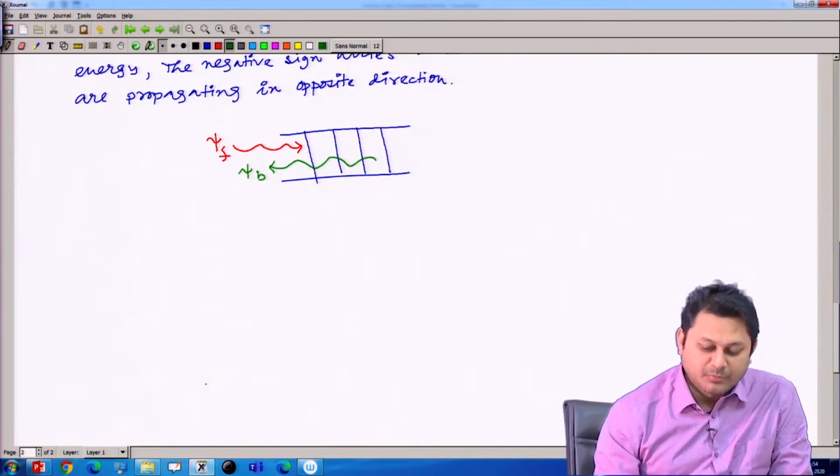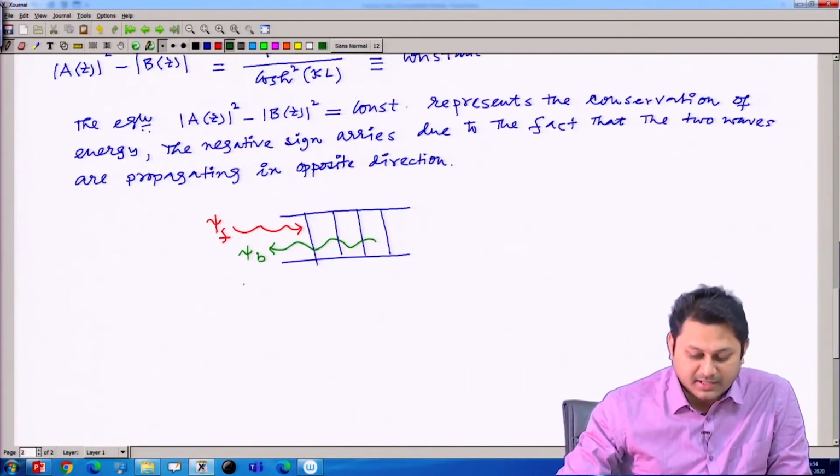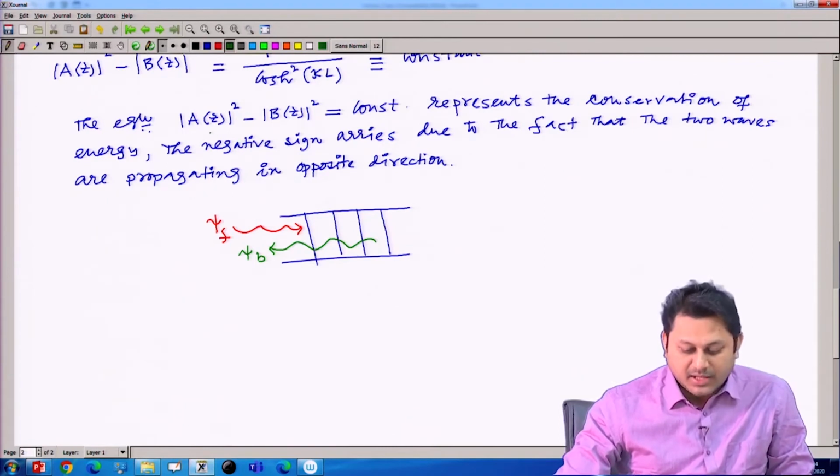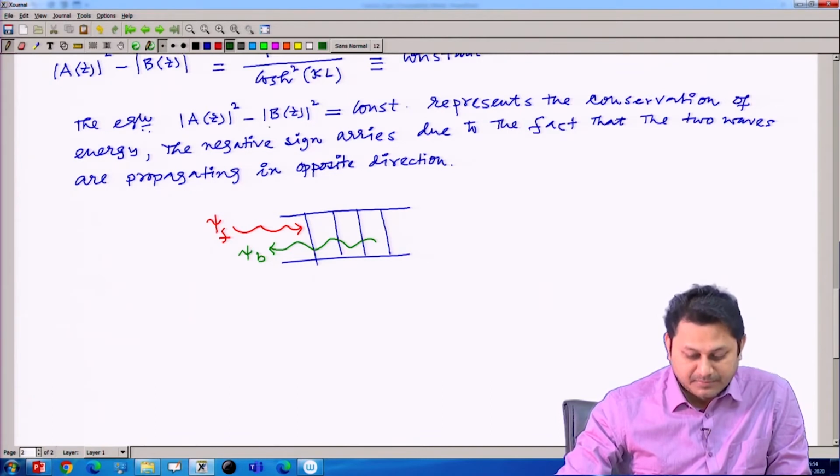Since two waves are moving in opposite direction, this negative sign arises, but when we calculate mod of A z square minus mod of B z square, it is coming as a constant. So, it basically gives that energy is conserved.